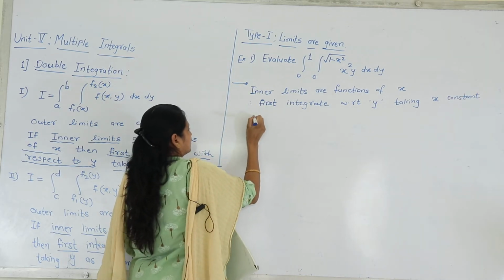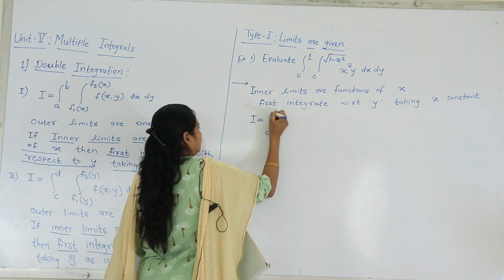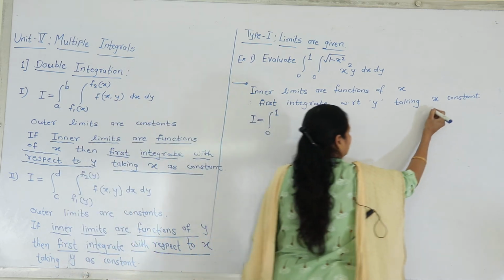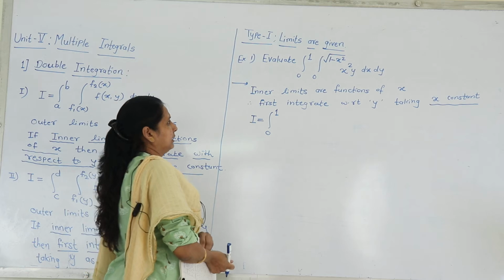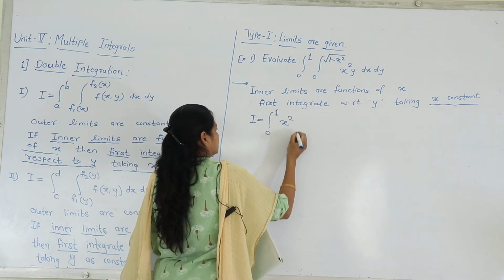Now because x is constant, don't integrate the term of x, that means x square is a constant term as it is.